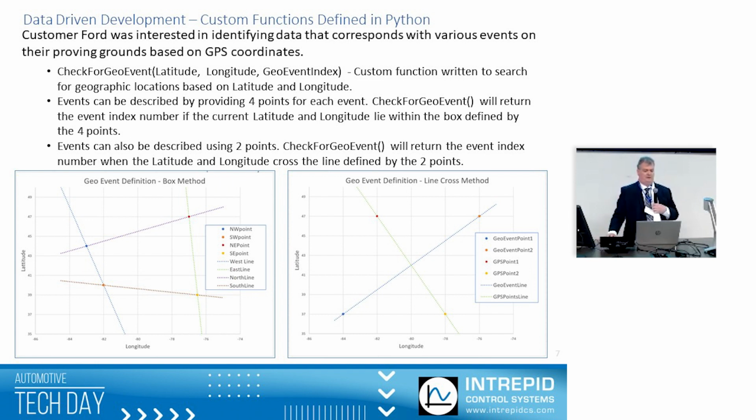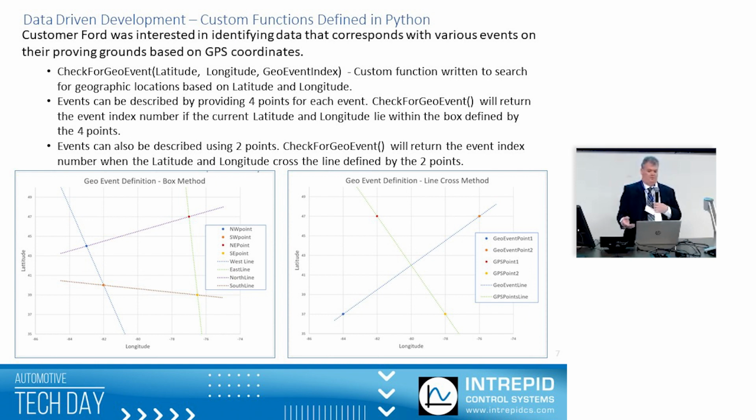So I made this custom function called check for geo event that takes three arguments: latitude, longitude, and a third parameter that indicates whether you want it to return the index of the event or the name of the event. There might be an event called the rumble strip track, so you could either say, I want to check if my current latitude and longitude are in the rumble strip track, or these events also have an index, so you could just say, if it's between index 6 and 10, then tell me that it's on one of these events.